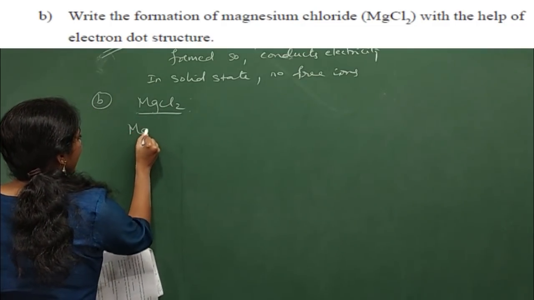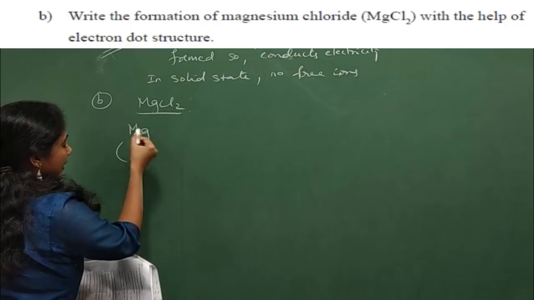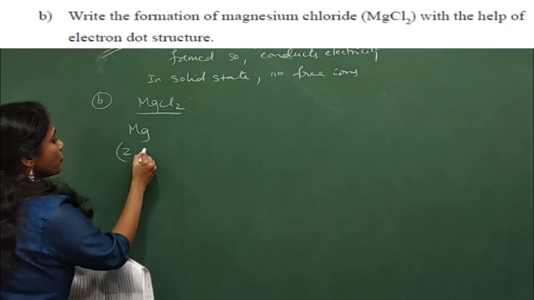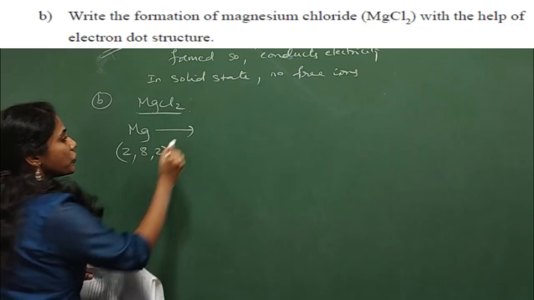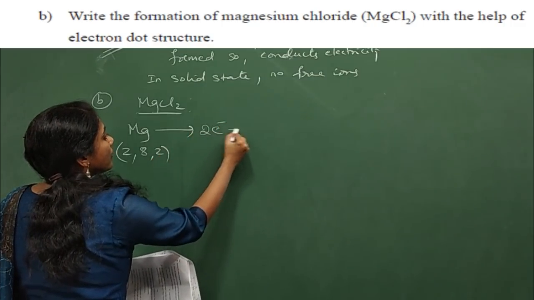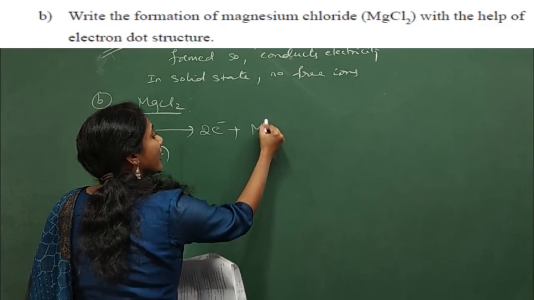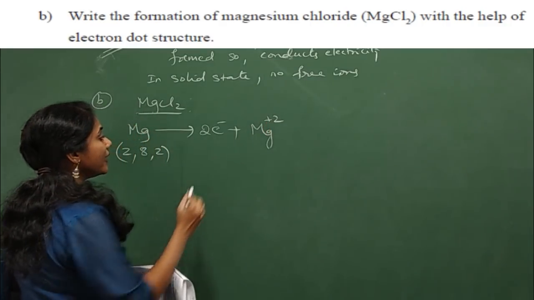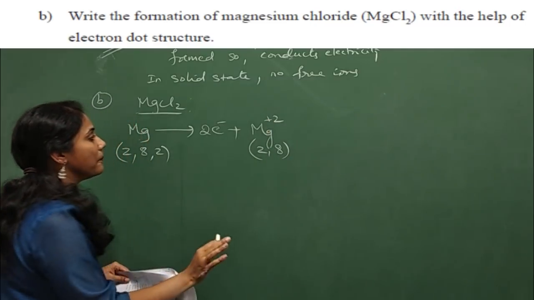First you have to write Mg, where its electronic configuration is 2, 8, 2. Since it is electropositive, it will lose 2 electrons and this Mg gets converted into Mg plus 2, right? Which has electronic configuration 2, 8, more stable. Fine.